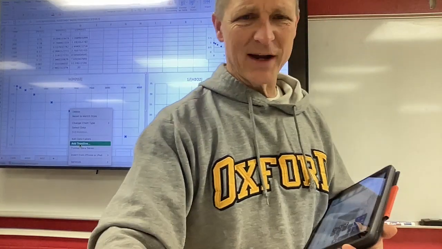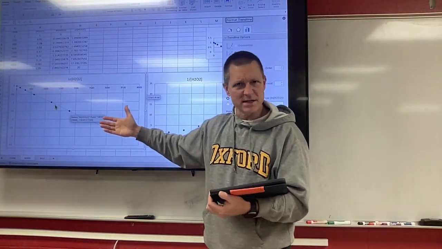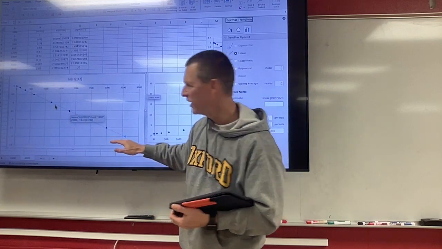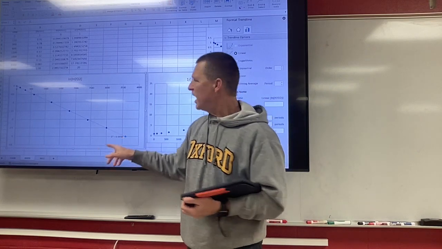And if we go to Add Trendline, we can have Excel make the line of best fit of the data. And you can see what is dashed here is a straight line. And then we can also give something called the regression. It's the R-squared value, linear regression. And Excel will tell us what the R-squared value is.